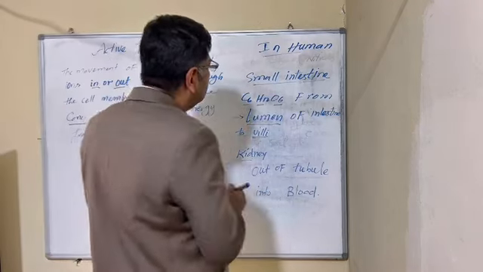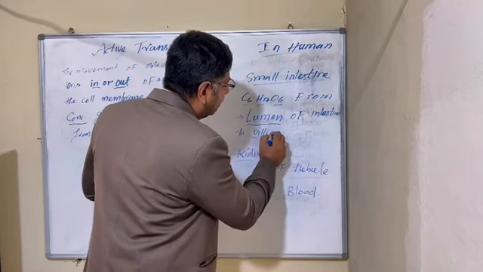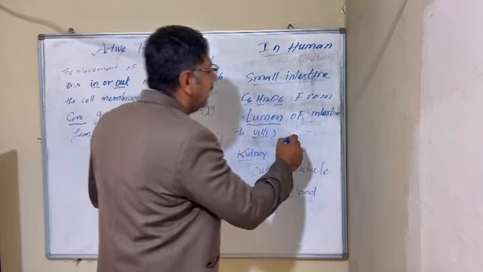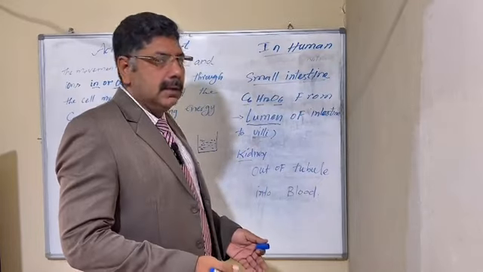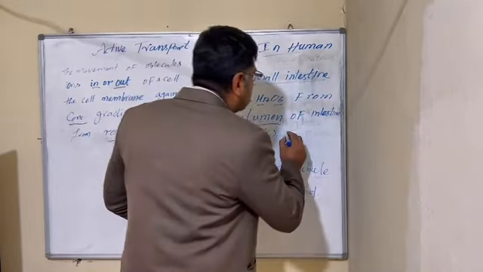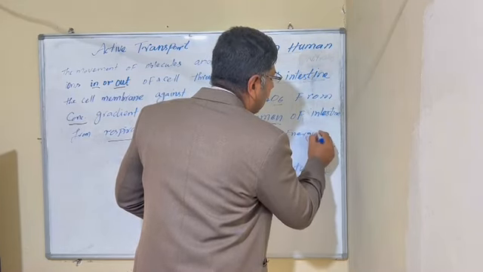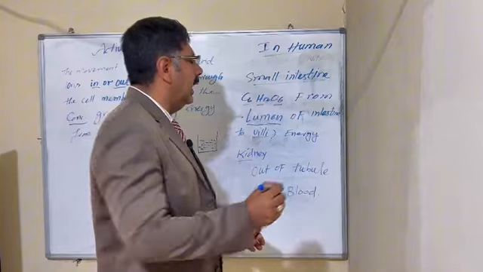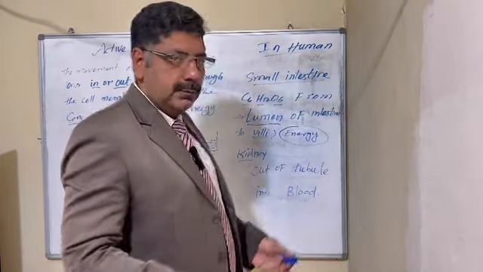But it is transported from the lumen to the villi by active transport. Actively transported means it needs energy, which is provided by respiration, the breakdown of food material.